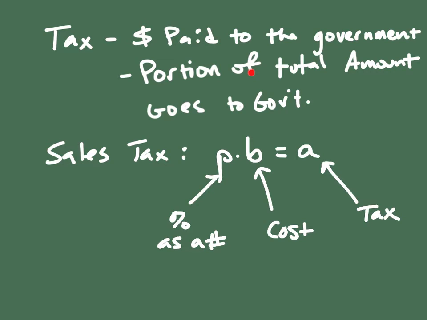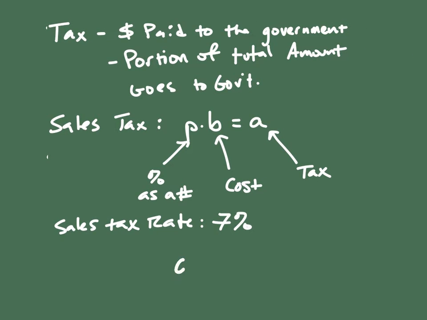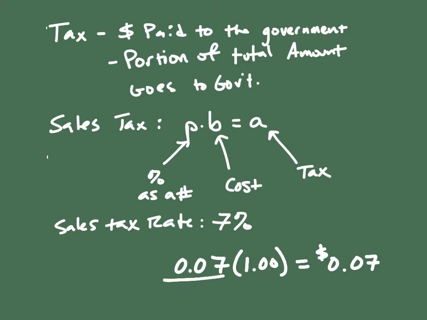Okay, so like that McDonald's story, let's say that the sales tax rate in that case was 7%. All right, so 7% sales tax rate. And when we have a sales tax rate of 7%, I take 0.07, multiply it by $1, and that ends up giving us 0.07, or 7 cents. All right. Again, this is our tax rate, this is our cost, and this is our tax. So tax rate, the cost, and then the tax.